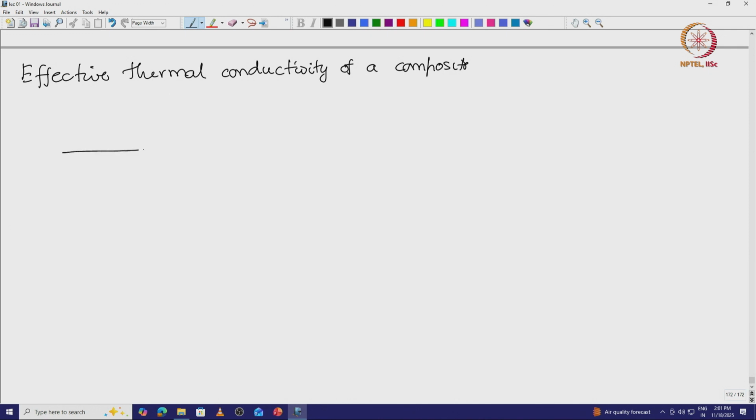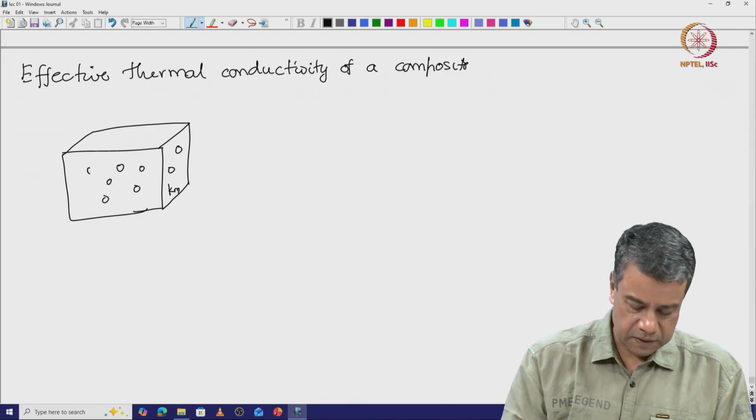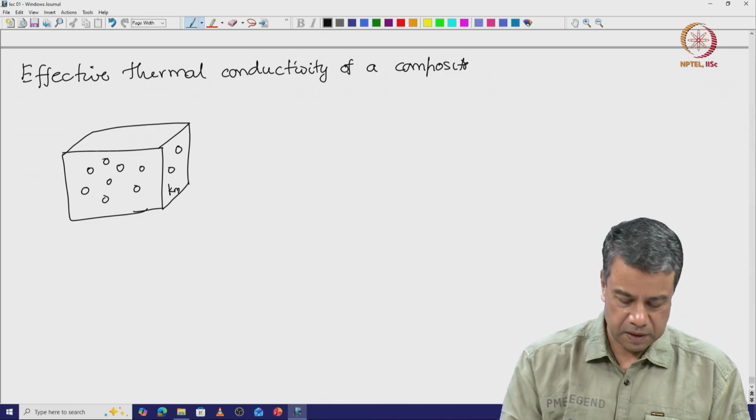The material consists of a matrix of thermal conductivity Km, in which there are spherical inclusions, spherical particles of a different thermal conductivity K particle.